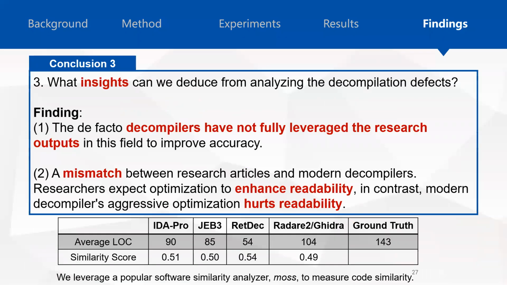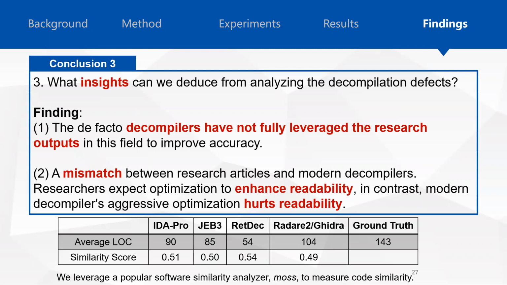As for the third question, what insights can we deduce from analyzing the decompilation defects? We found that decompilers have not fully leveraged research outputs, and there is a mismatch between research articles and modern decompilers. Aggressive optimization in modern decompilers may hurt readability.